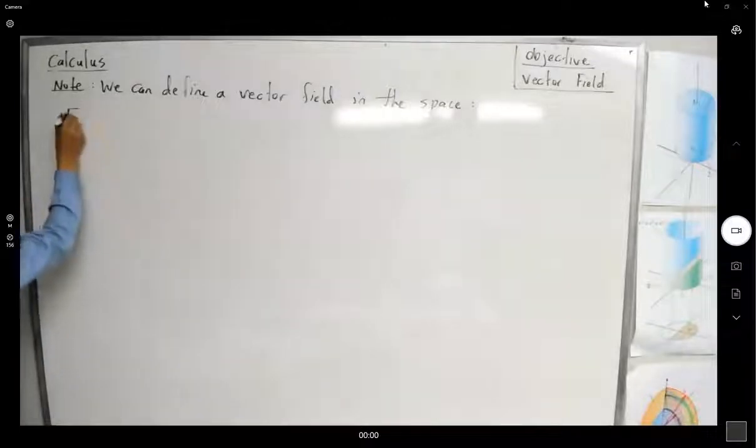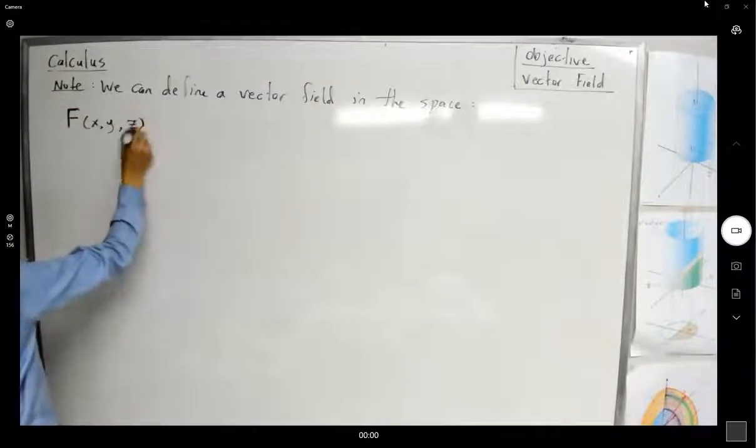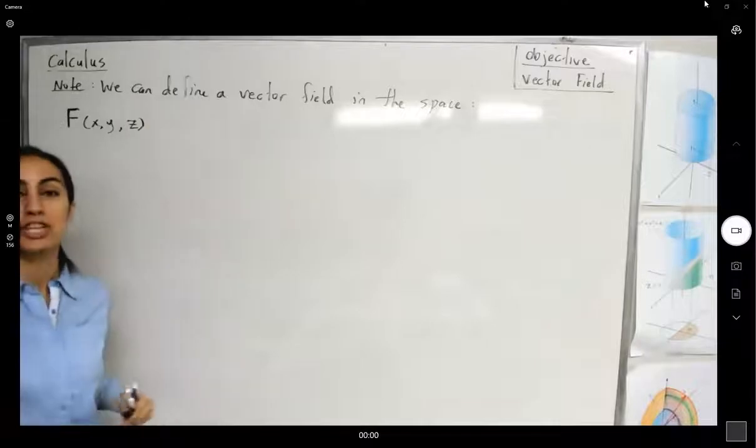F of x, comma y, comma z. Now you have a position in the space.